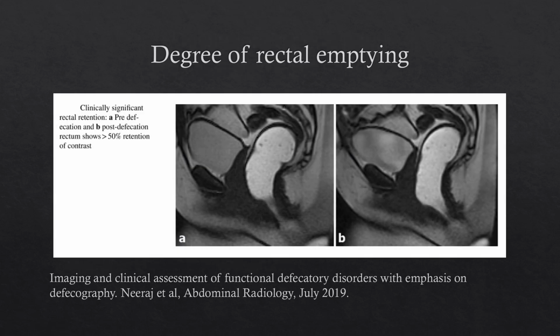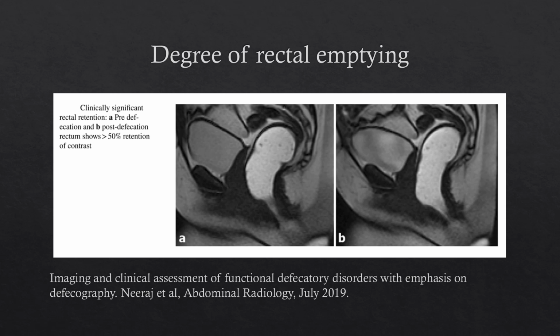One of the most important points that helps us diagnose functional obstruction is the degree of rectal emptying. During the dynamic scan, we should ask the patient to defecate at least 3 times and assess the patient. After 3 times of defecation, we should, by visual assessment, compare between resting and post-defecation.